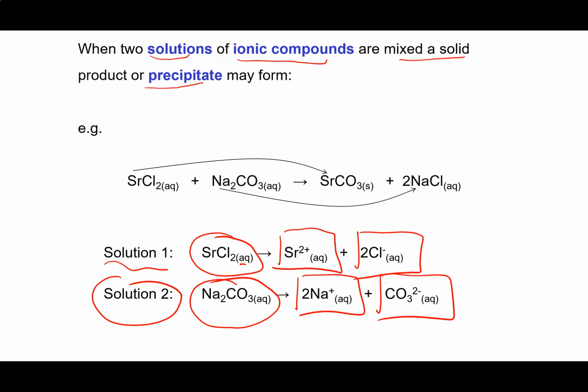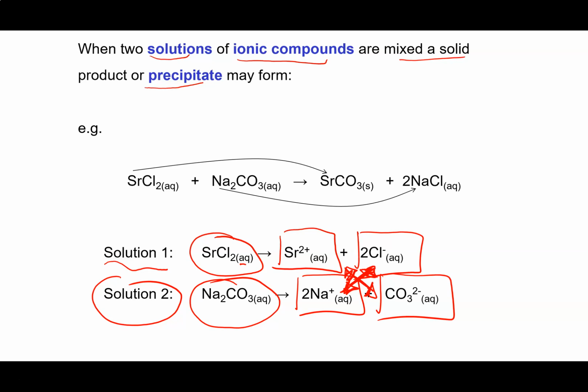So now what I want to think about is what are the new combinations of ions that could potentially form when these things are mixed. And what could happen is sodium ions could combine with chloride ions to form an insoluble compound, and strontium ions could combine with carbonate anions to form an insoluble compound.